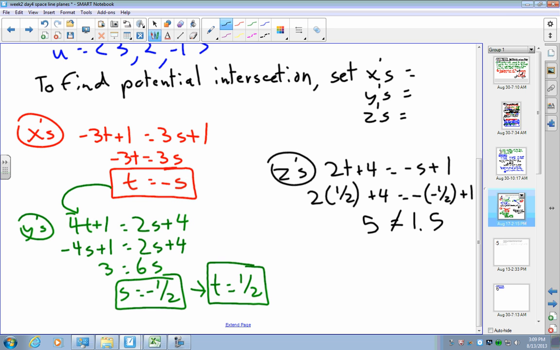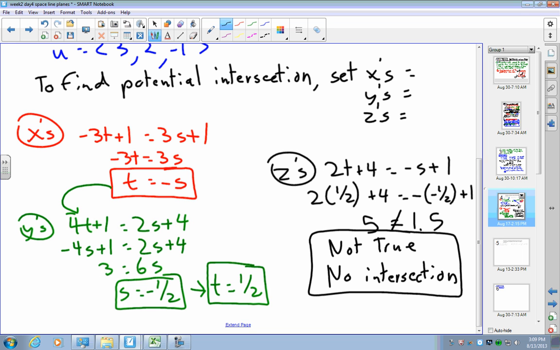So the t's and s's, I solved for them, and they gave me answers that satisfied the x's and the y's, but not the z's. So since this is not true, there is no intersection. In other words, lines are skew.